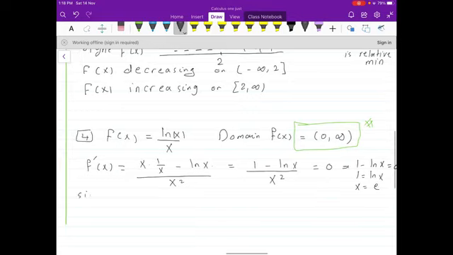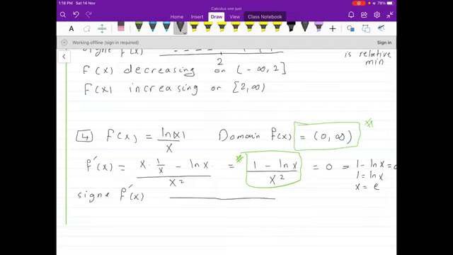Now, to study the sign for f prime of x, we want to study the sign for f prime. Be careful, we study the sign on its domain from 0 to infinity.